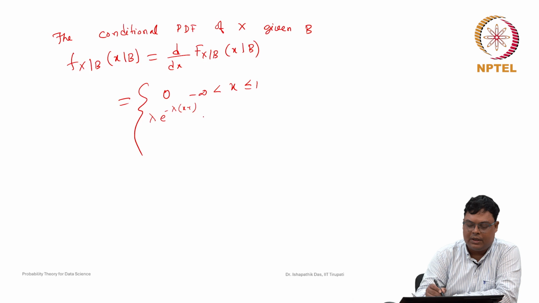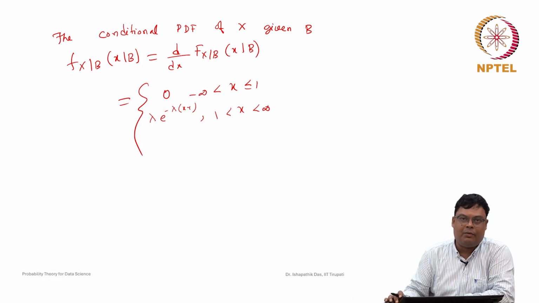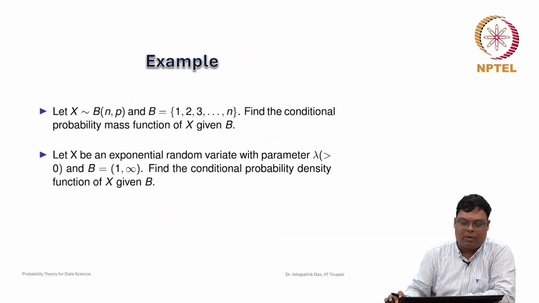So, this is the probability density function whenever x is greater than 1 and less than infinity. So finally, we found the conditional probability density function of X given B. So, this is one example of how to find the conditional probability density function given an event B.